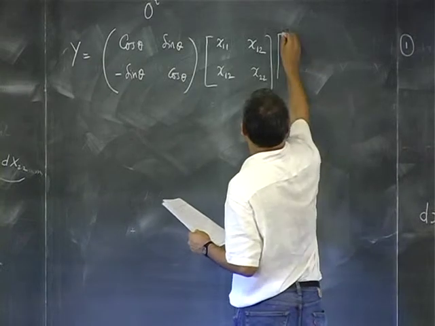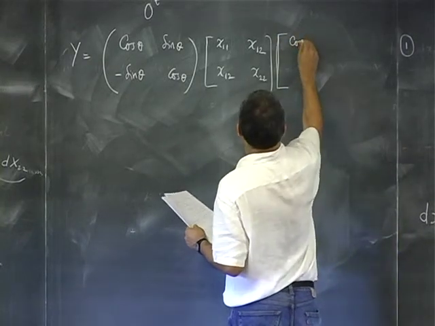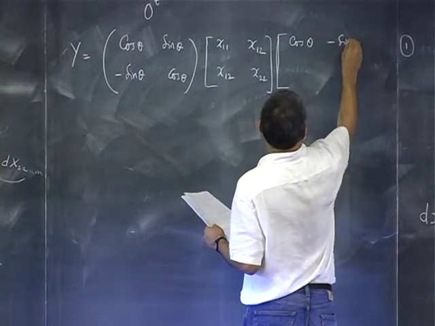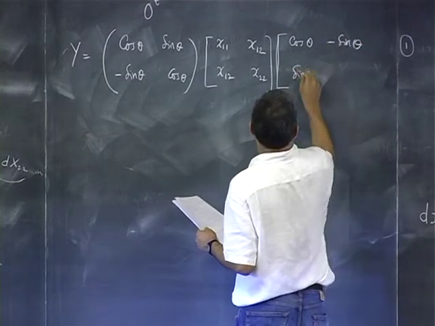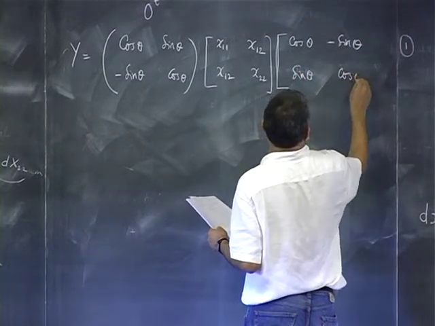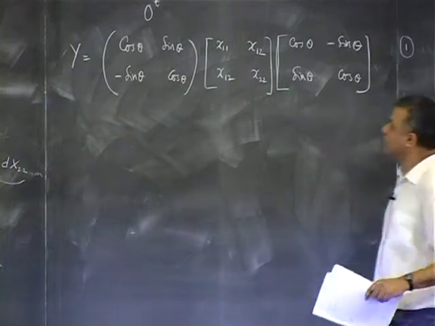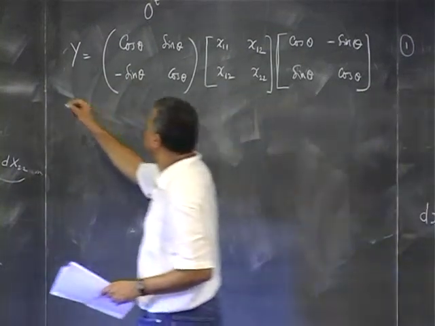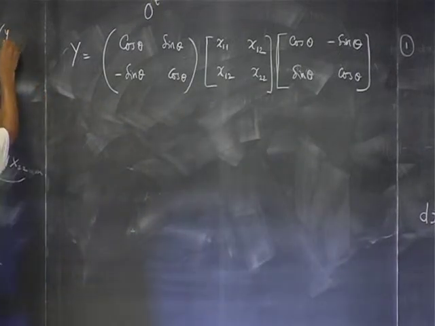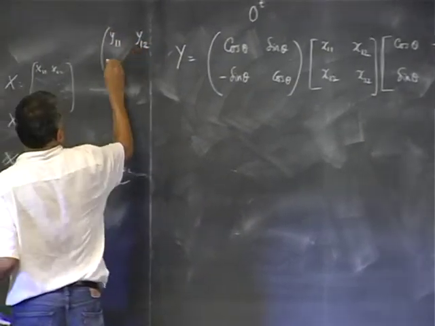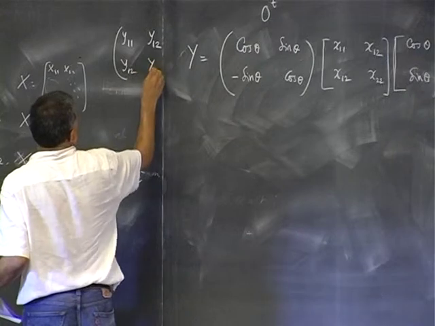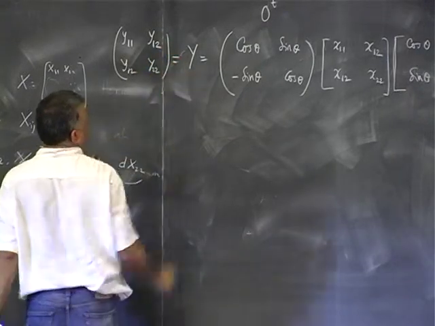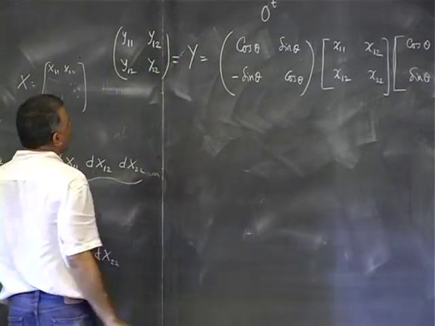And then I have cosine theta, minus sine theta, cosine theta. This is our new matrix, y11, y12, y12, y22. So let's just do brute force multiplication.